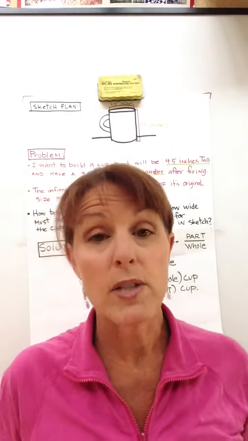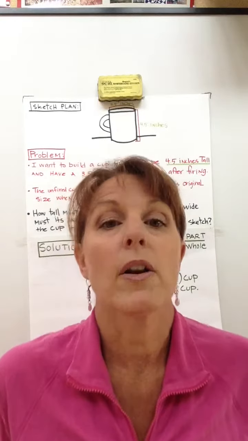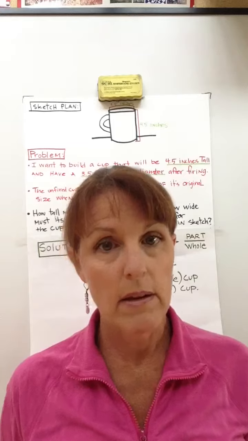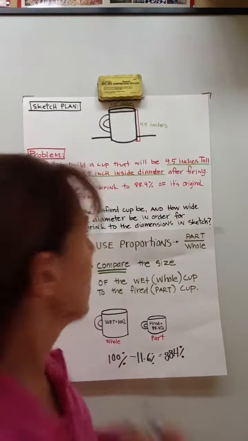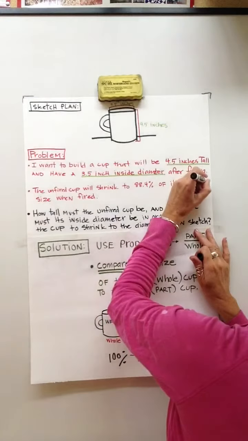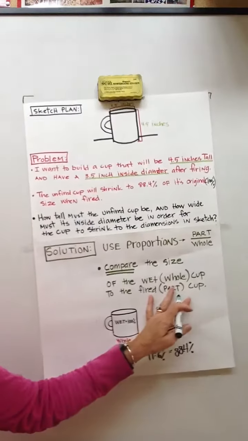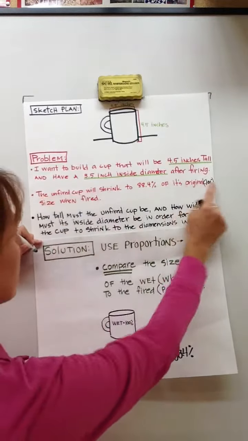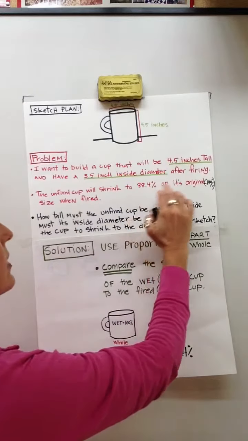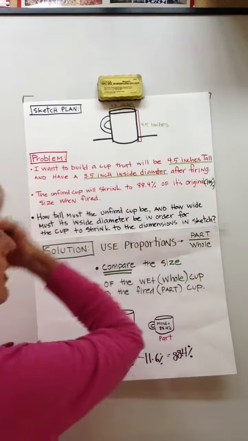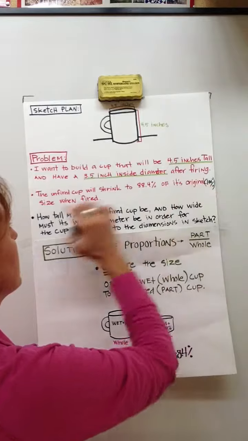Now, the original size is considered the whole cup, or the 100% cup, okay? And I'm going to write that in black, right here, right next to the word original, okay? See that? Now right here, this sentence right here, the unfired cup will shrink to 88.4% of its original 100% size when fired.